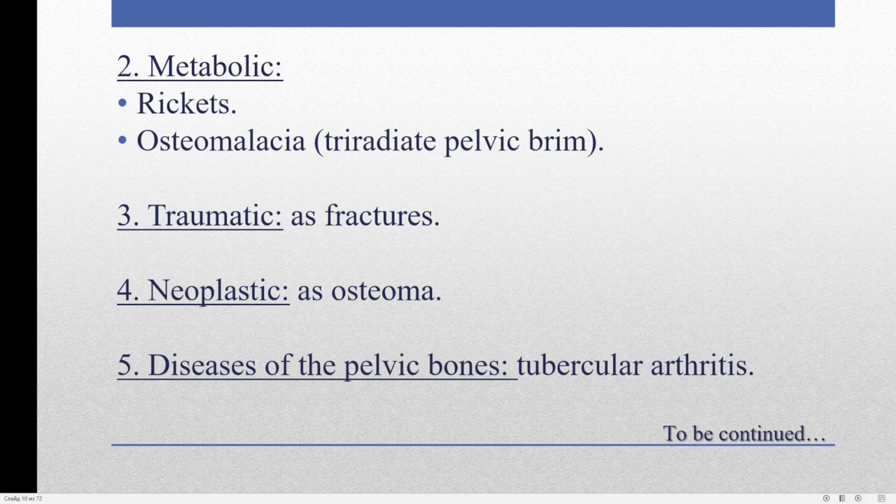Metabolic causes: rickets or osteomalacia, triradiate pelvic brim. Traumatic, neoplastic, and diseases of the pelvic bones.